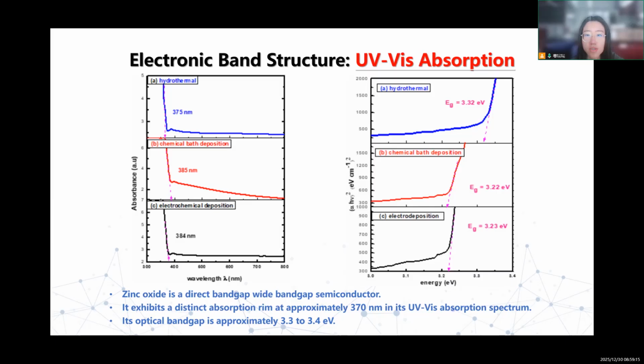And the second picture shows the Eg from the UV-Vis. First, we can see the Eg equal to 3.32 eV, then 3.22 eV, and the last is 3.23 eV. About this, we know its optical band gap is approximately 3 to 4 eV.